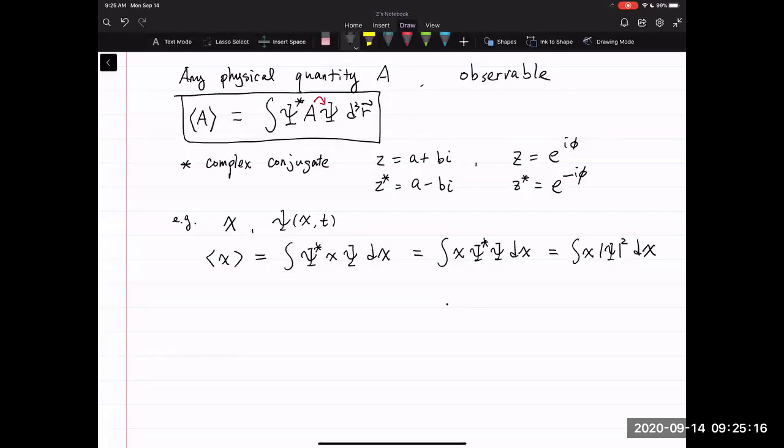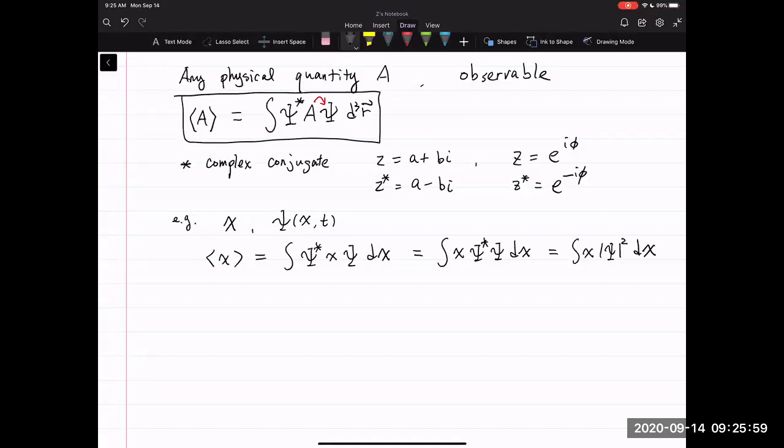It goes back to the interpretation of the wave function. What does the wave function mean in the first place? If you know a little bit of probability and statistics, when X is a random variable following a certain distribution psi square, then this integral gives you exactly the average value, or so-called expectation value, of X. And in fact, indeed, this is our interpretation of quantum mechanics.